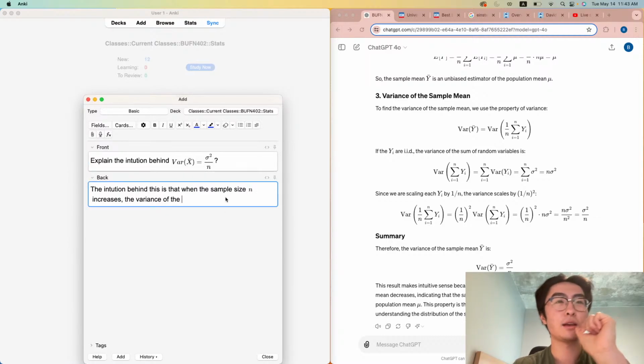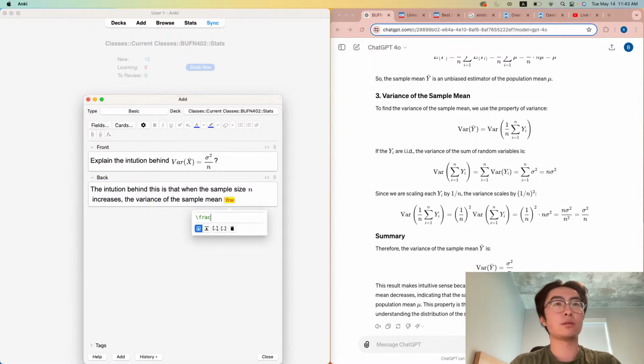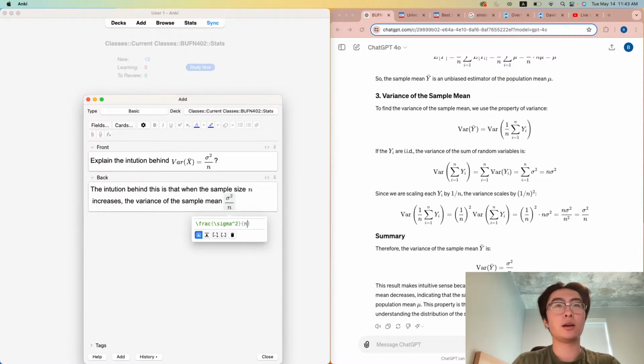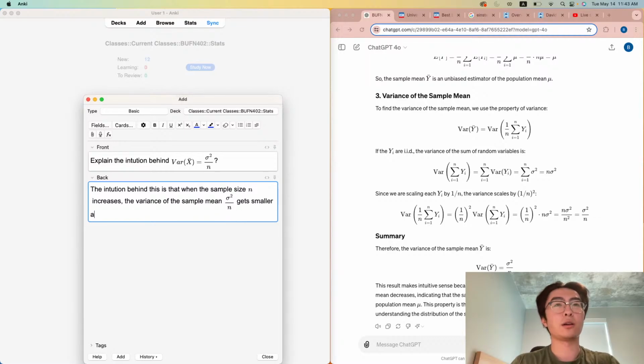The variance of the sample mean, so this is our big term here, sigma squared over n, gets smaller and smaller.